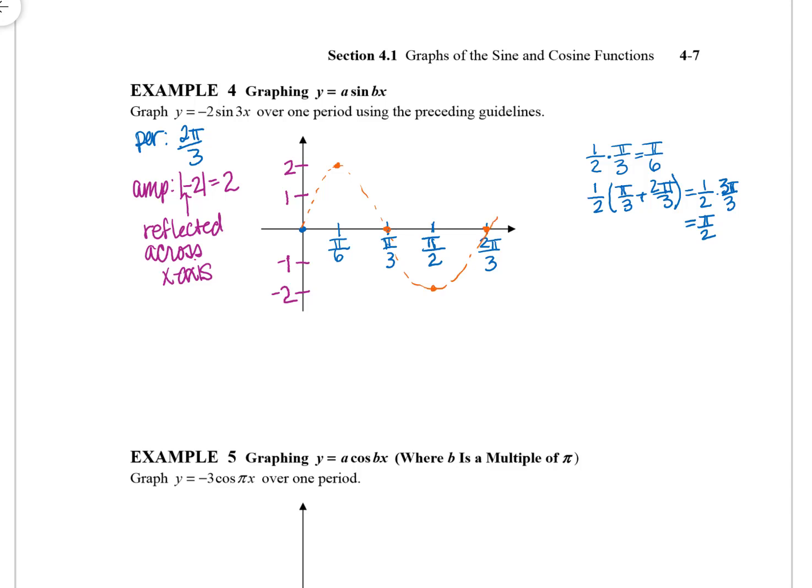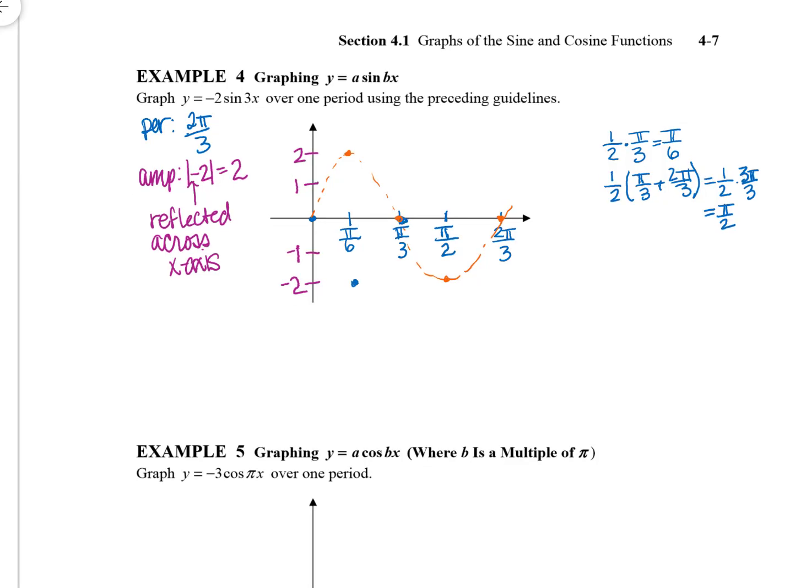But the final graph has a -2 instead of a +2, so that's where we're taking just the opposite values of y. So instead of going up, we're going to come down, back through the middle, up, and into the middle. So this is one period of the function y is equal to -2 sine of 3x.